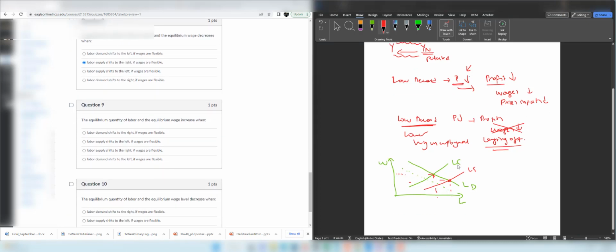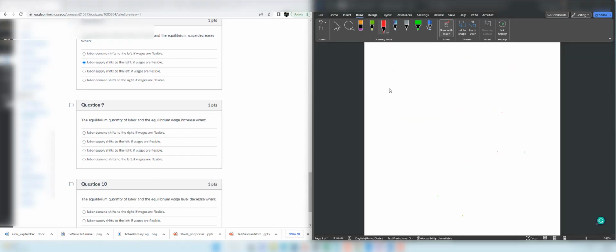Question number 9. The equilibrium quantity of labor and equilibrium wage increase. So we are looking at a situation where both of them are increasing. Again, for sure wages should be flexible. This is labor supply, this is labor demand. So I need to find a situation that when I shift any of these curves, both wages and the quantity of labor increase.